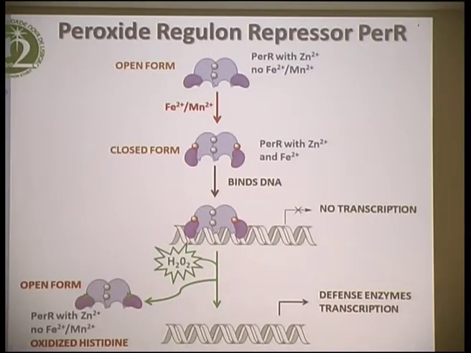When hydrogen peroxide is present, the histidine would become oxidized, the protein would adopt again the open conformation, and iron would be lost, and now the protein is not able to bind DNA, and transcription of the defense enzymes would occur. So in the presence of hydrogen peroxide, the protein does not repress transcription, and enzymes like catalase or DPS would be produced.